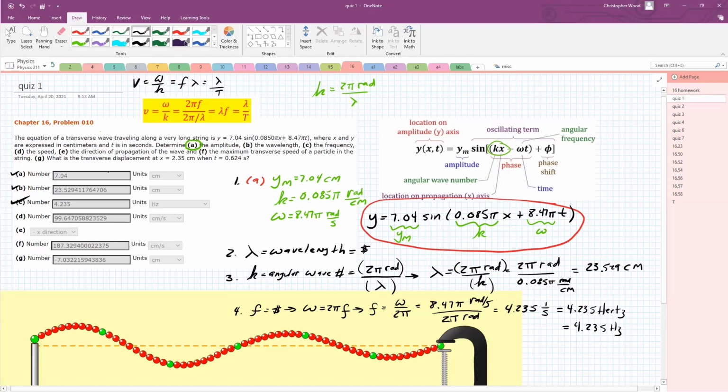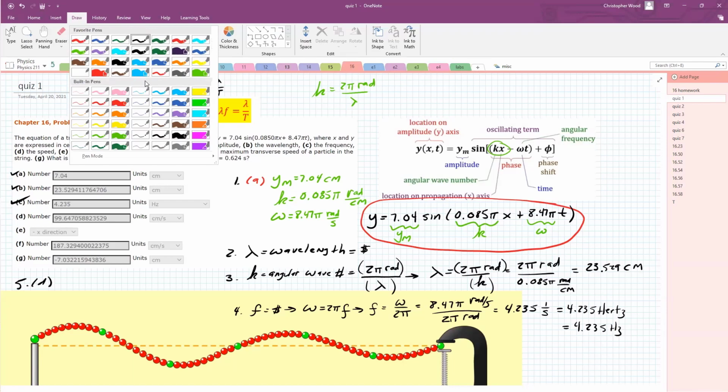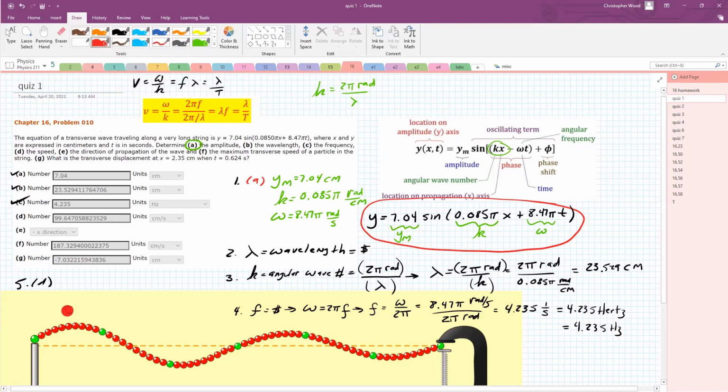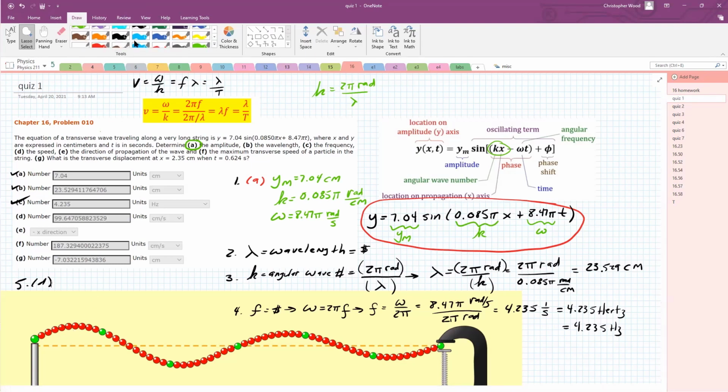So what do we want to use for part D? D is the wave velocity. So step number 5. D says, what's the speed? I'm looking at one of these dots right here, for example. That's not going to work out well, because the dots themselves are bouncing up and down, as mentioned. Each dot just has this up and down bouncy motion.